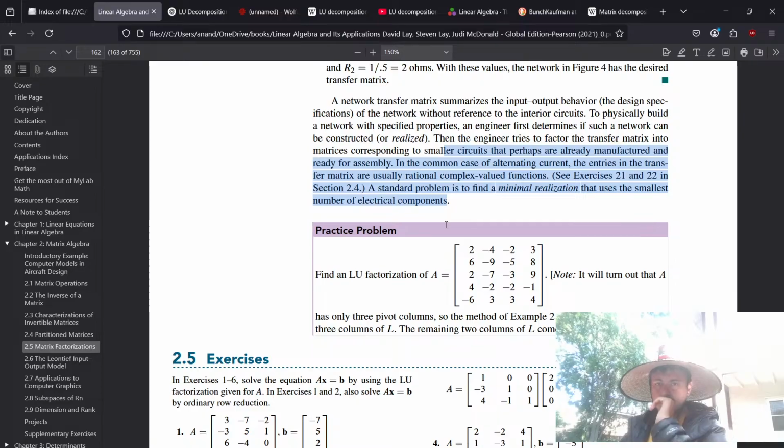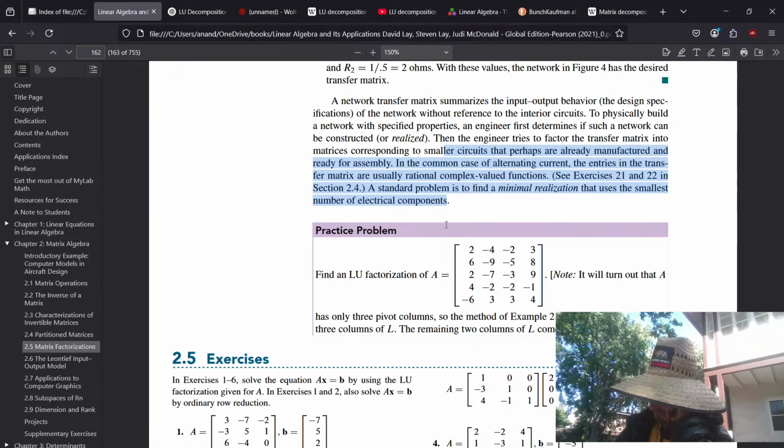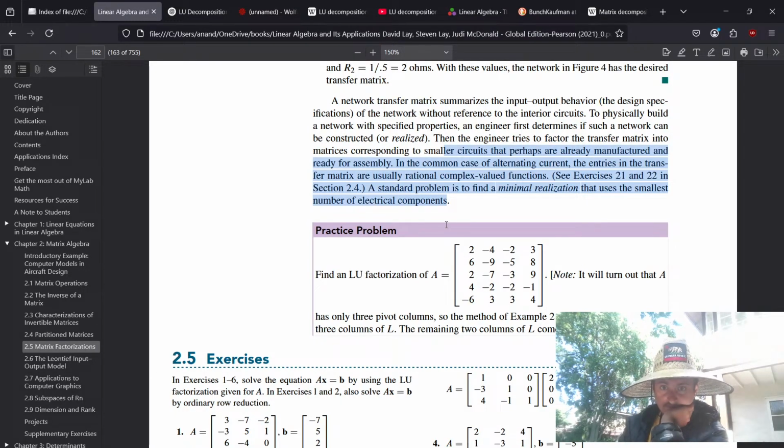So this is a 5 by 4. So then U is going to be 5 by 4. So L is 5 by 5, U is 5 by 4.